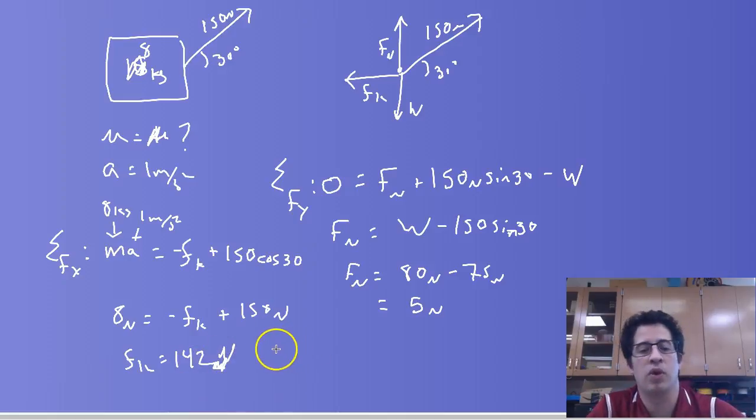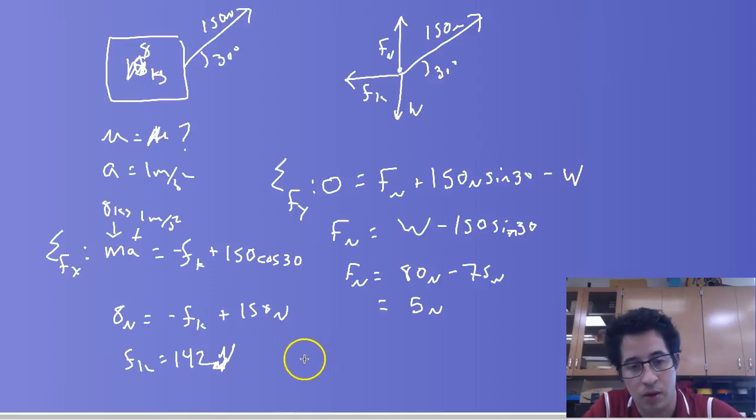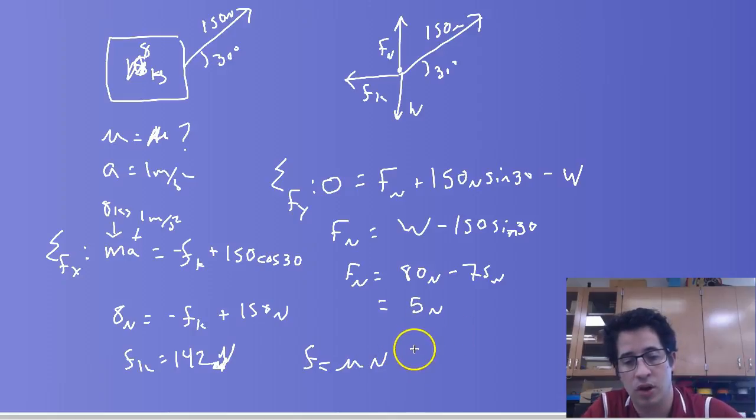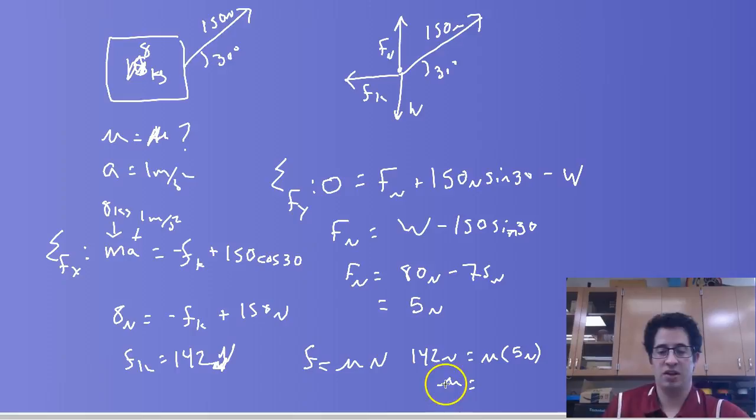Now if we want to solve for the coefficient of friction, friction is equal to mu times the normal force. So 142 newtons equals mu, which we're solving for, times our normal force of 5 newtons. And this is going to be a coefficient of friction of something astronomical.